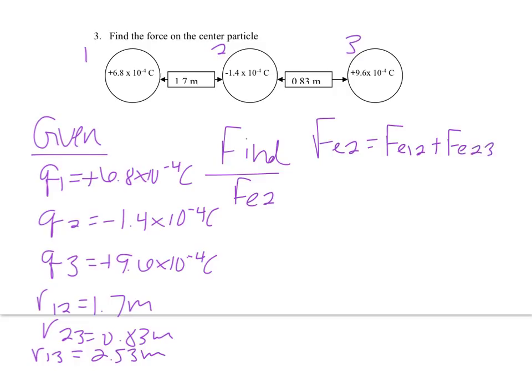So if I draw on this charge the direction of the forces, and this picture's not drawn to scale, 2 and 3 are attracted to each other. So this would be Fe2,3. 1 and 2 are also attracted to each other, but not as much as 2 and 3 are. And that's because they're farther apart. So now all we need to do is figure out what each force is and add them together.